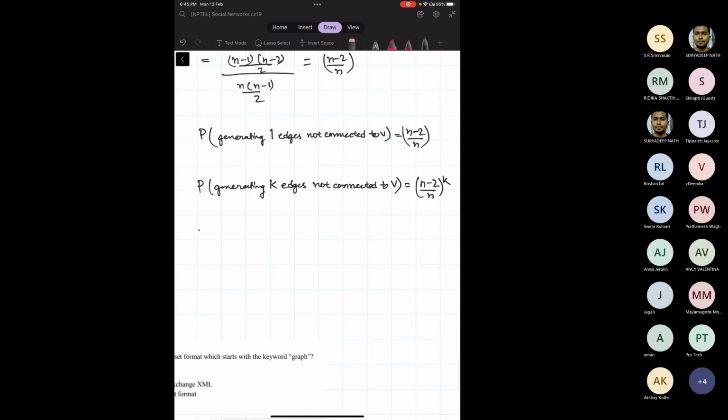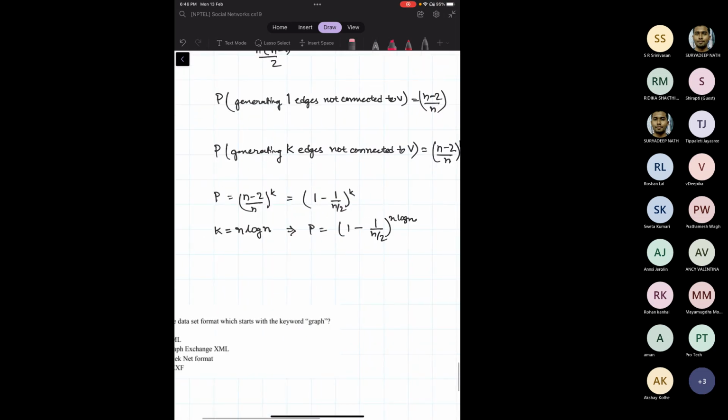Now the probability is (n minus 2 over n) to the power k, that is (1 minus 2 over n) to the power k. Now k is equal to n log n. So the probability equals (1 minus 2 over n) to the power n log n.